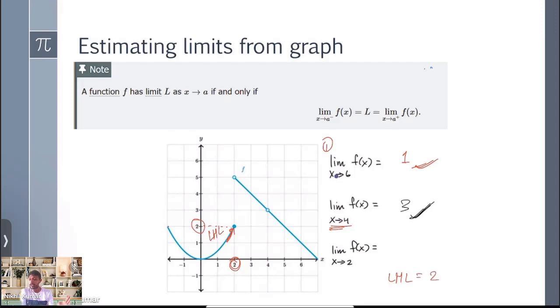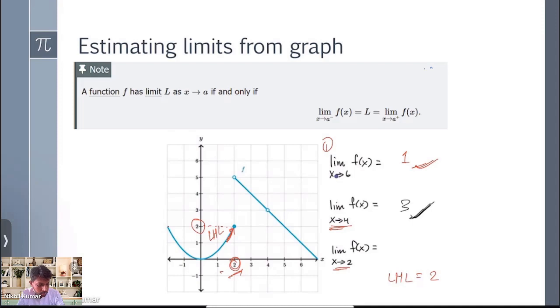Okay, let's try to approach this number from the right hand side now. You can only walk along the graph, okay? You can't walk wherever you want if you want to approach that point.